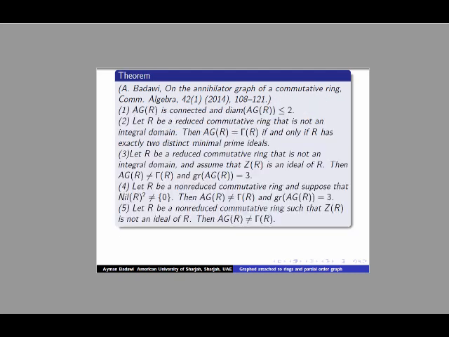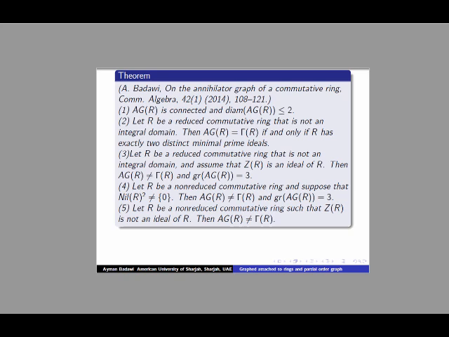Here are some properties of the annihilator graph. It's always connected, and of course, all of us know what that means: you can always go from one vertex to another. What's interesting is the diameter is smaller than the diameter of the zero divisor graph.